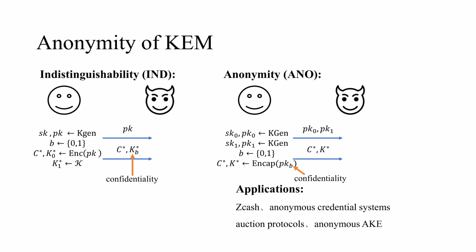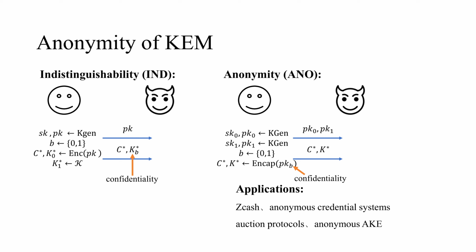And in the security of anonymity, the challenger generates 2 pairs of public and secret keys and generates a ciphertext-key pair under one of them. The adversary cannot tell which public key the ciphertext was generated from.